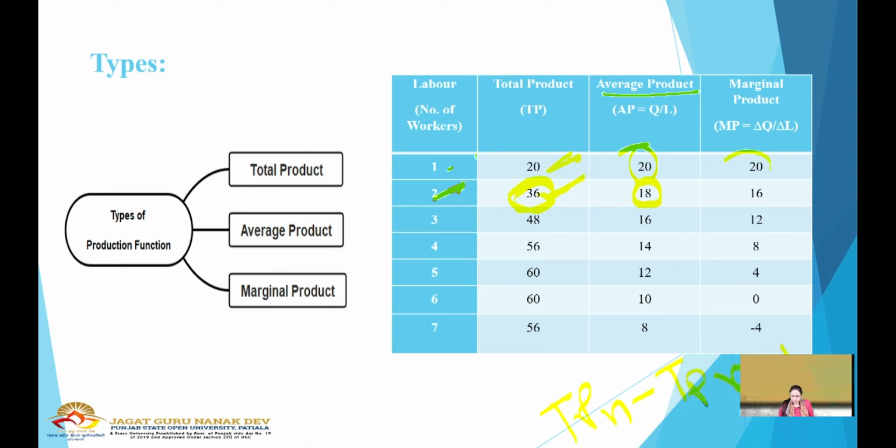Next time it will be 36 minus 20, which is 16. And next time it's 12, that means 48 minus 36. Next time it's 8, 4, 0 and minus 4. So you can say this marginal product decreases over a period of time. Initially it increases, but at a decreasing rate. Next it's 0 and ultimately it becomes minus 4.